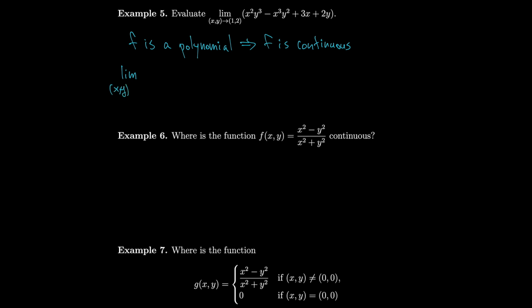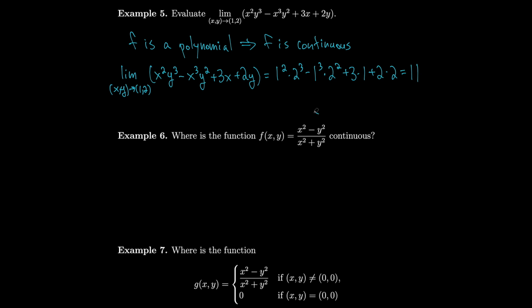We'll get the limit as (x, y) approaches (1, 2) of x squared y cubed minus x cubed y squared plus 3x plus 2y equal to 1 squared times 2 cubed minus 1 cubed times 2 squared plus 3 times 1 plus 2 times 2. So we love polynomials because we can just plug in.